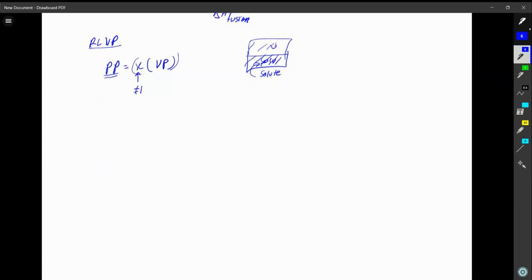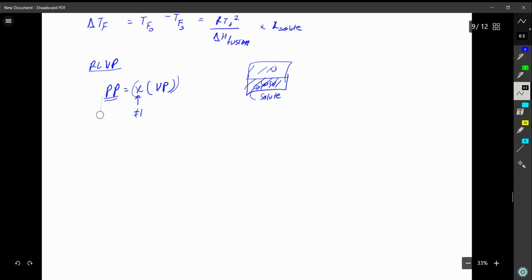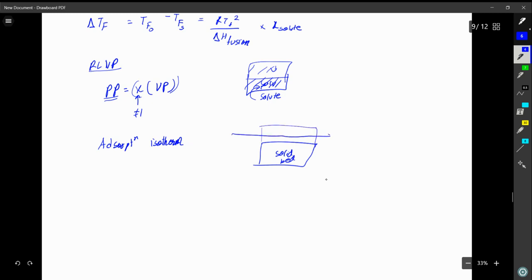Okay, and then you have something called the adsorption isotherm. So basically there's a solid bed, and then you pass a gas over it, and some part of the gas gets attached to the solid bed, and that's called adsorption.